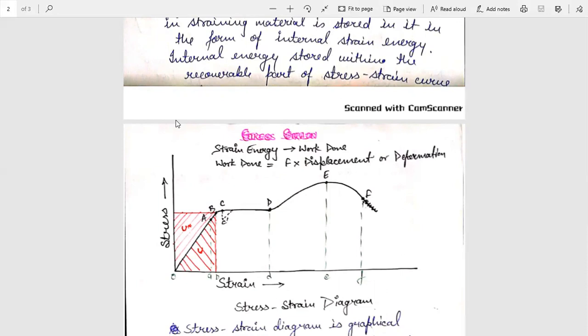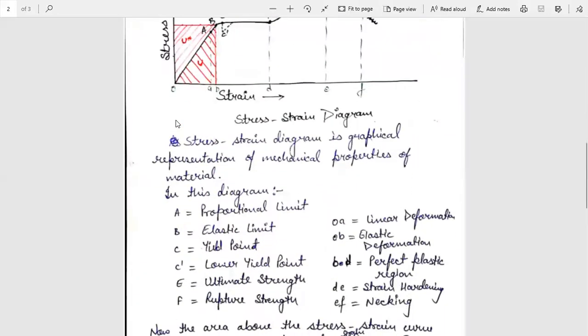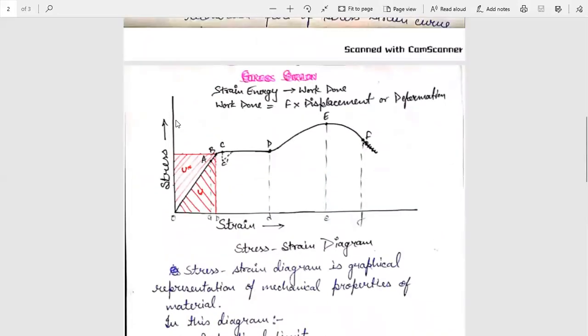And as the load is concentrated at this reduced area, a considerable local extension also takes place till the failure or rupture takes place at F. The breaking load divided by the reduced area of section is greater than the maximum load. This is about the stress strain diagram.